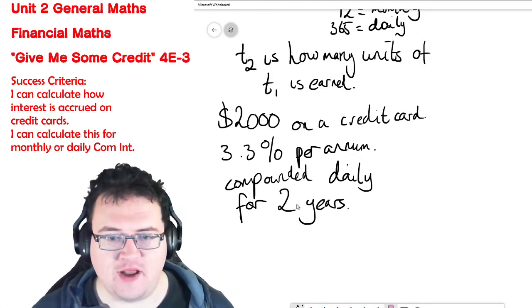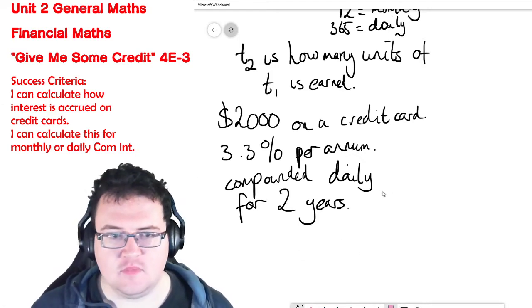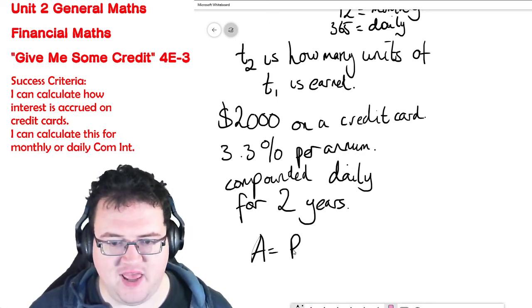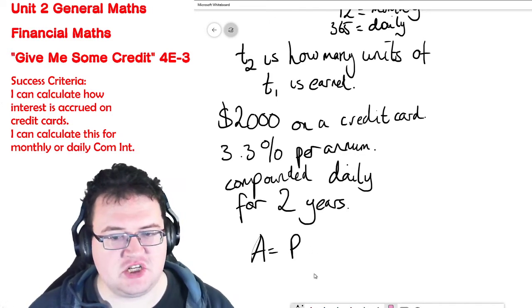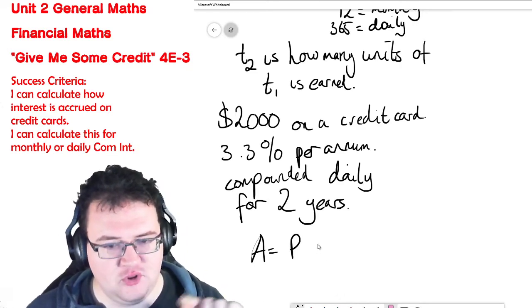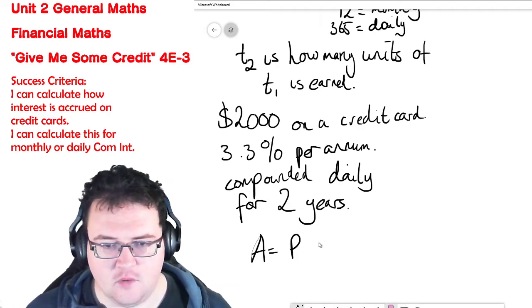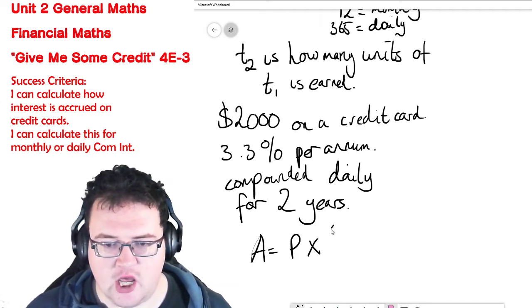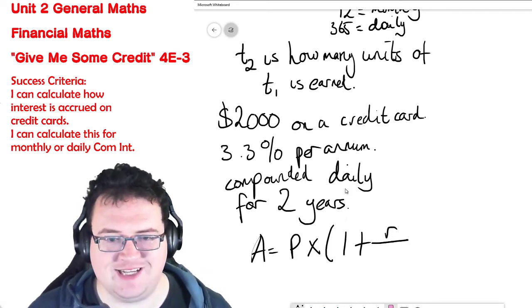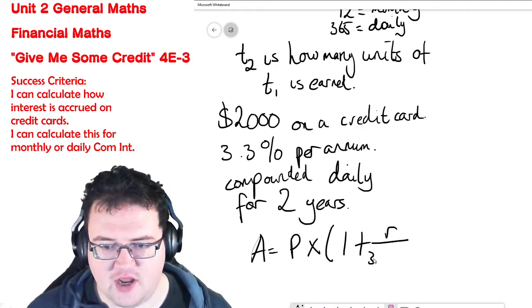So we go back to our formula and we go, okay, A equals P. And now because it is compounded daily, we need to make sure that we put the right numbers in. So P times 1 plus R over, now because we know that T1 is daily, it's going to be 365 times 100.